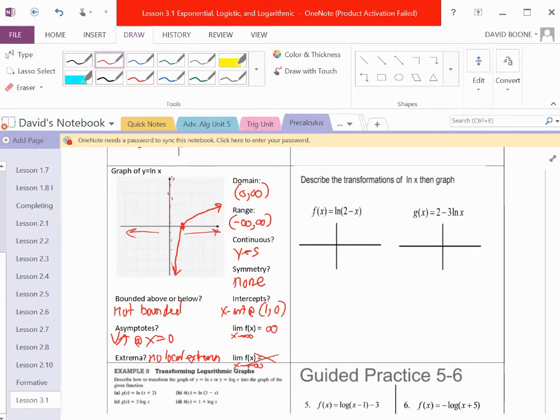So let's take a look at some of the transformations then, and being able to describe these as well, and then give a quick little graph. Now, with this one, what I would do is factor a little negative out. So this is natural log, and I'd take a negative out. So this would actually be positive x, because you take the negative out of negative, so positive, and taking a negative out of positive 2 would be minus 2.